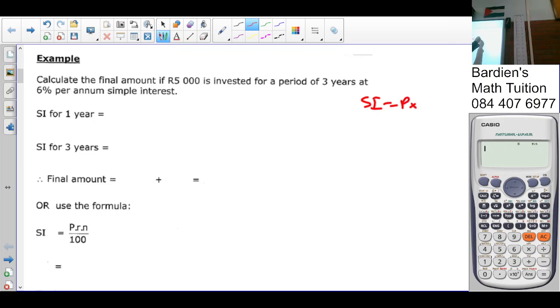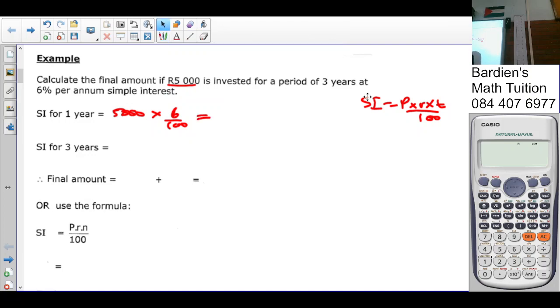Simple interest is P times R times T over 100. Okay. So for 1 year, it's going to be your P value, which is 5,000 rand, for 6% per annum. So it's 6 over 100. Okay. So that gives us a total of, on the calculator you can check, that's 5,000 rand multiplied by 6 over 100. That gives you 300 rand simple interest per year.